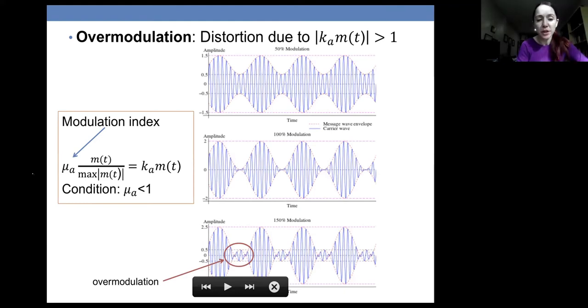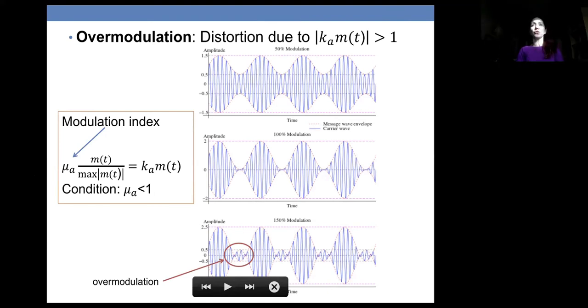So the modulation index is Ka times the maximum magnitude of m of t. That means that we want the modulation index to be less than 1 to prevent overmodulation.